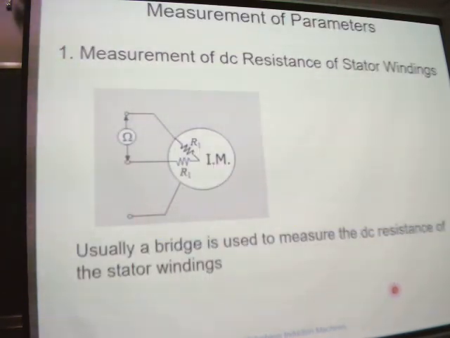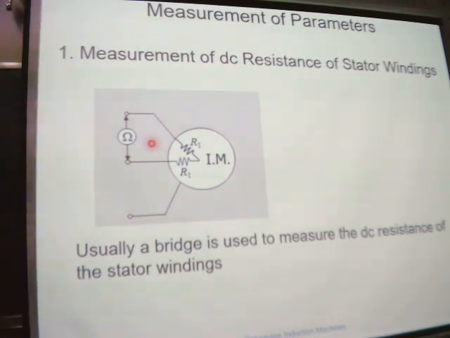So first, the measurement of the DC resistance. We just use a simple ohm meter.